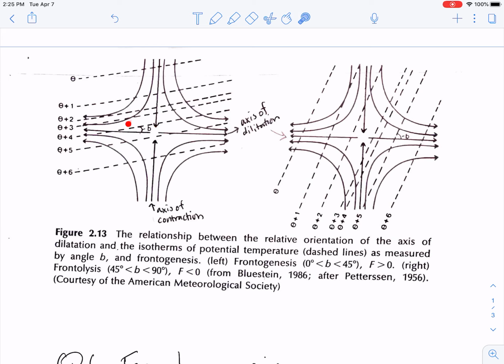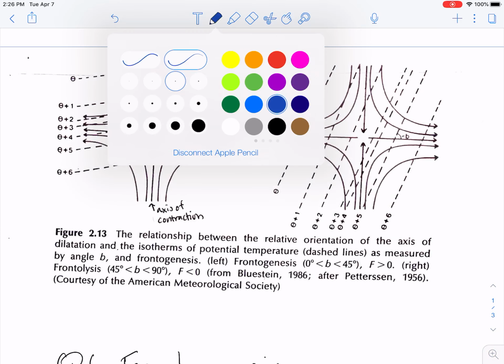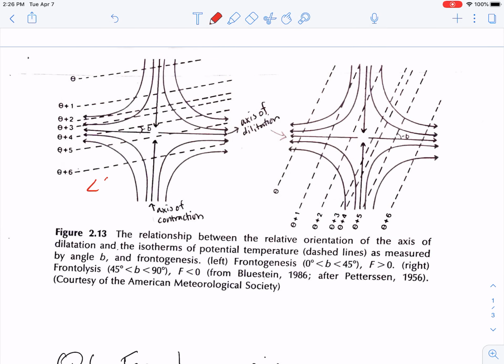And here we see B, that angle between our axis of dilatation and our isotherms. And so we can see here that this angle is less than 45 degrees. And so what we should notice is that our isentropes to the south are going to be pushed up this way.